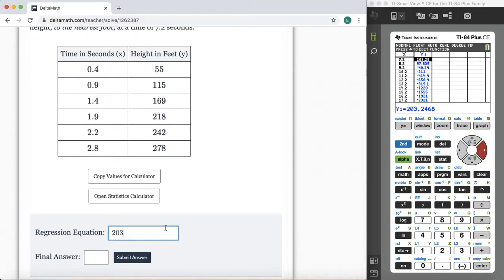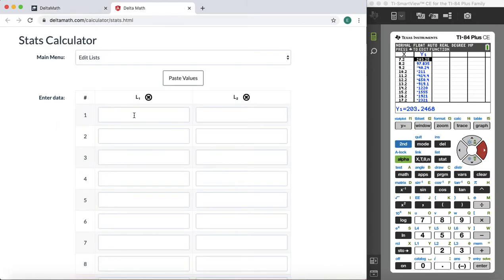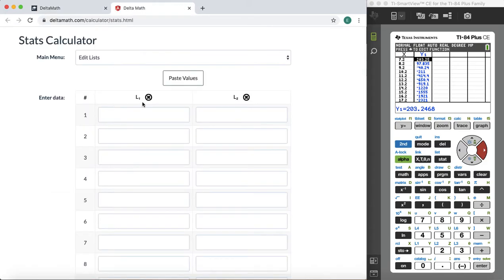Now let's see if I get that same thing by doing it using the statistics calculator here. So I'm going to copy my values for the calculator, and I'm going to open up my statistics calculator, and I'm going to hit paste values. This might actually be easier for you. Again, I said copy values for the calculator, then open my statistics calculator, and there's a button here where I can paste my values in. Pretty slick.